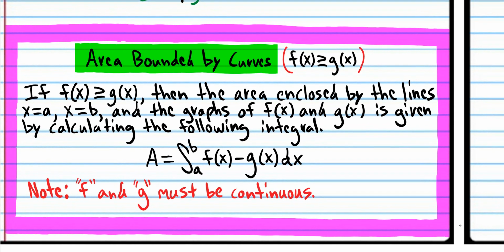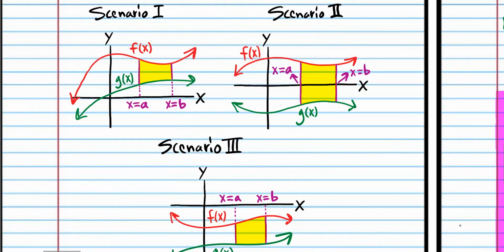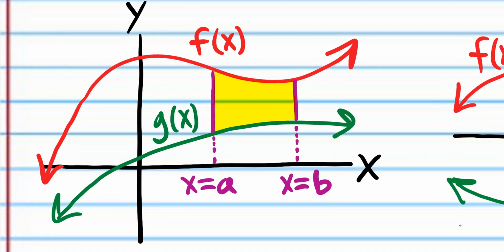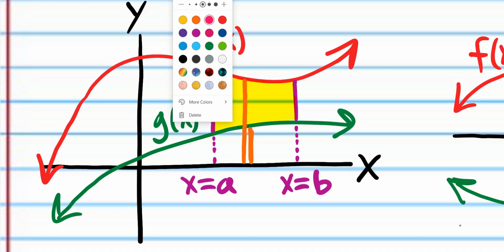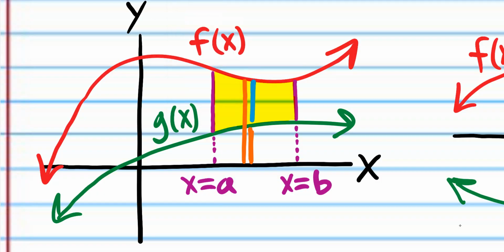Now, why does this formula work? Well, if you look at the y value of the red graph at some x value, and you look at the y value of the green graph at that same x value, I'll offset it a little bit just so you can see that. You can see that if we take the big y value and subtract the little y value, we get this blue length here.